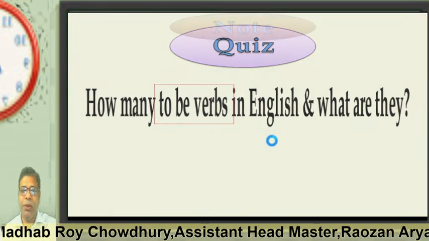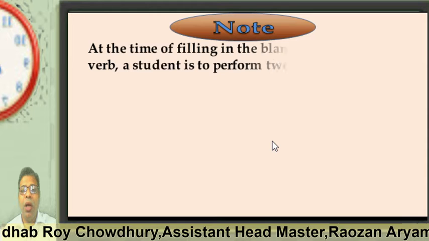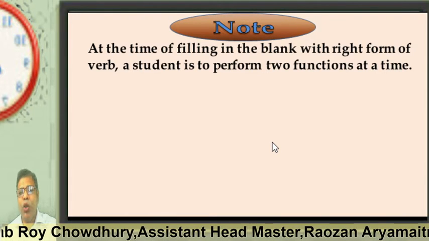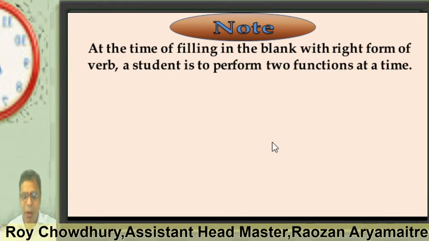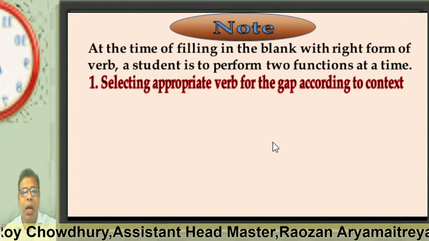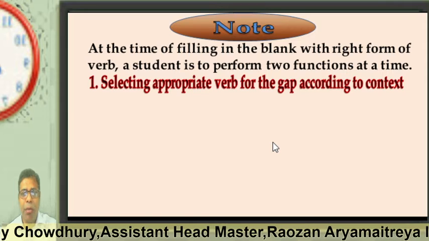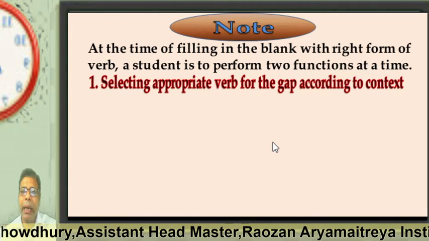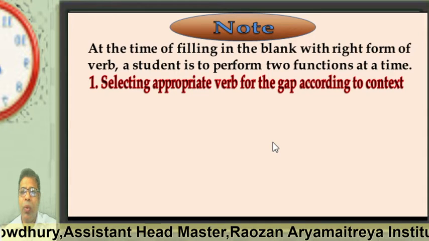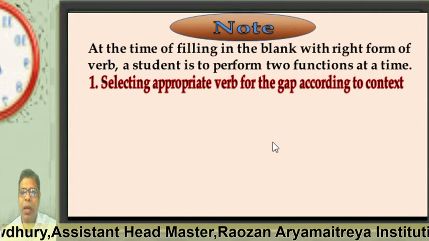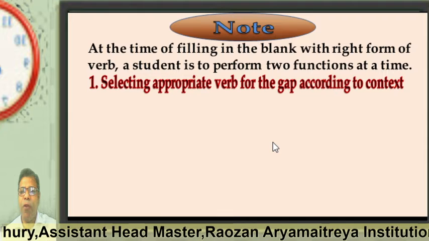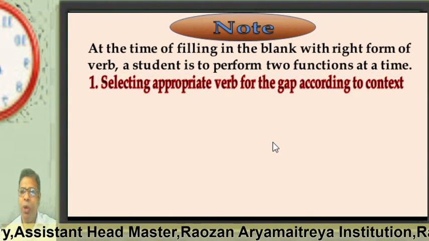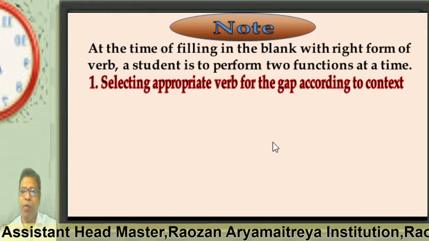First of all, I would give you a note. This is the main information. At the time of filling in the blank with right form of verbs, a student is to perform two functions at a time. How many functions does a student have to perform?